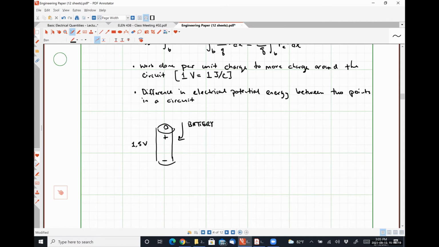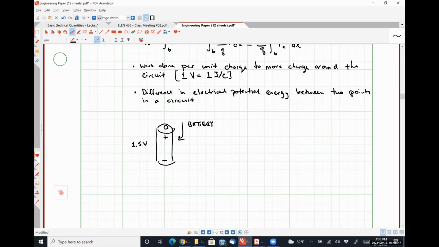All right. So what that means is that the positive polarity terminal of that battery is at an electric potential that is 1.5 volts higher than the negative polarity terminal of that battery. Okay. So we don't know whether or not the negative polarity terminal of that battery is at 0 volts or 87 volts or whatever.